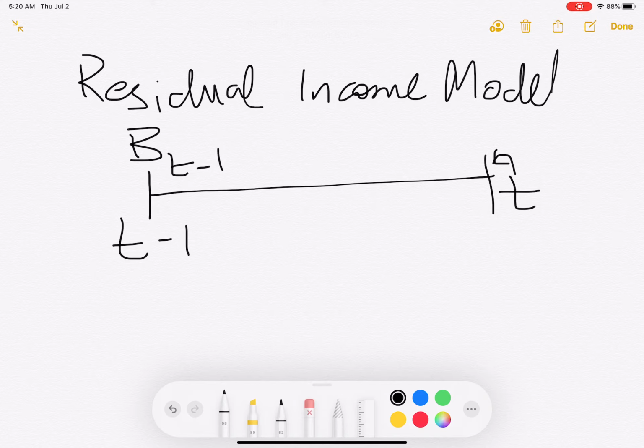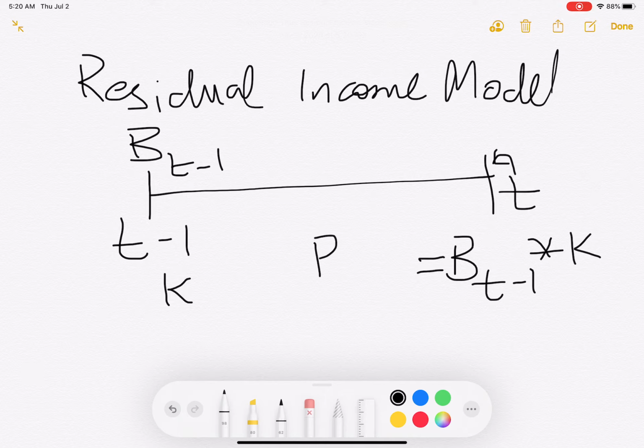So over the period, if the investor's required rate of return is K, then he wants that by the end of the time period T, his investment should grow by B_{t-1} into K, which we can rename as the required earnings per share by the investor in the stock during the time period T. So this is the required earnings per share.